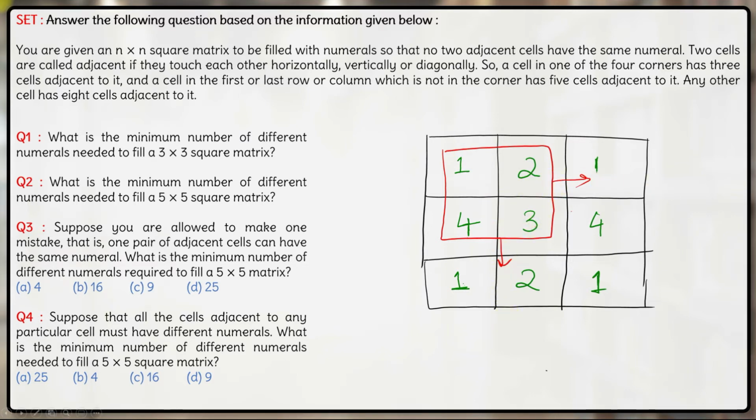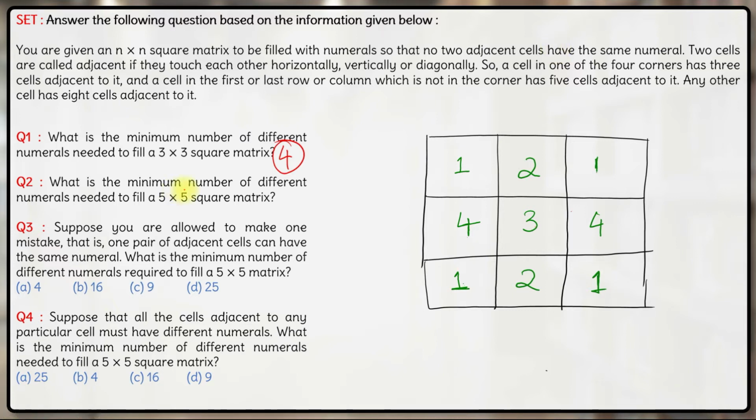So the answer to the first question is 4. The minimum number required is 4. You cannot fill the matrix with fewer than 4 numbers such that adjacent cells have different numbers.